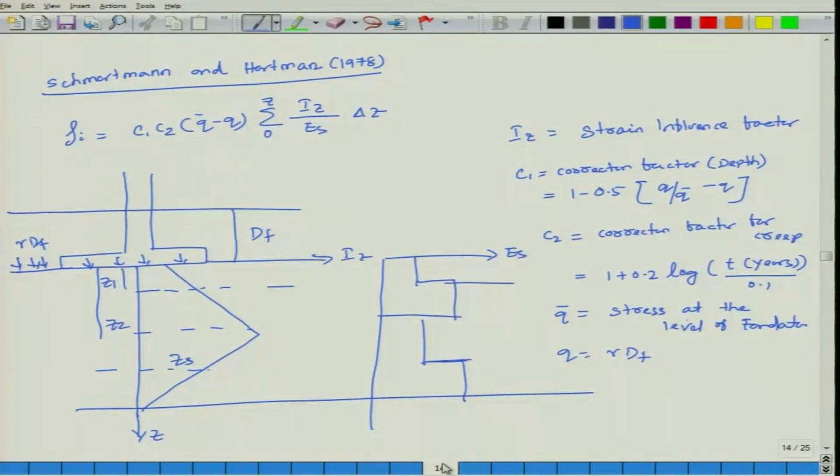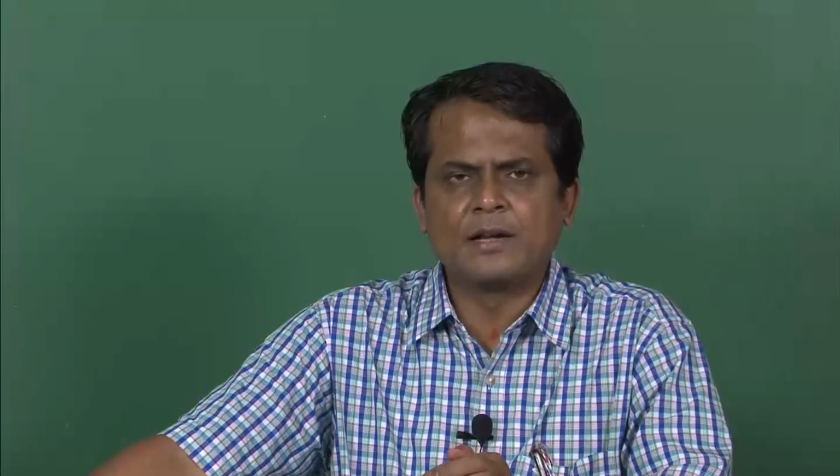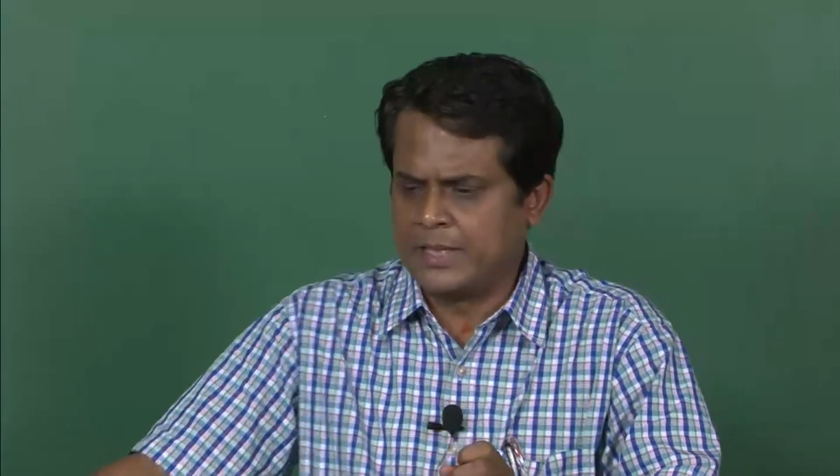These are the two widely used proposed relationships to find out your immediate settlement in sand. For immediate settlement in clay, it is very clear, q B by E into 1 minus mu square into Ip. I will stop it here. Next class I will start the consolidation settlement. Thank you.